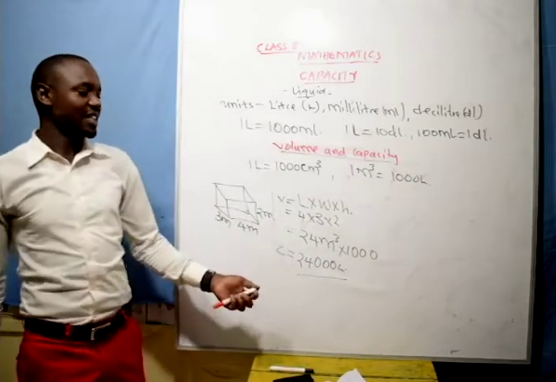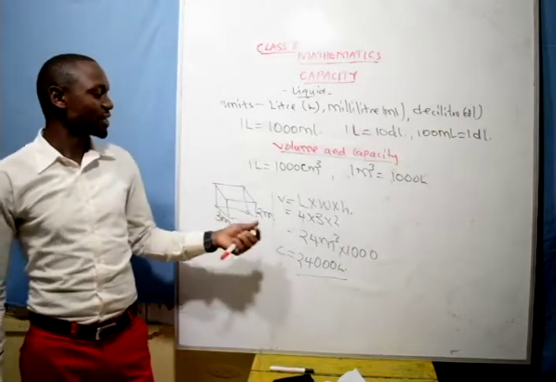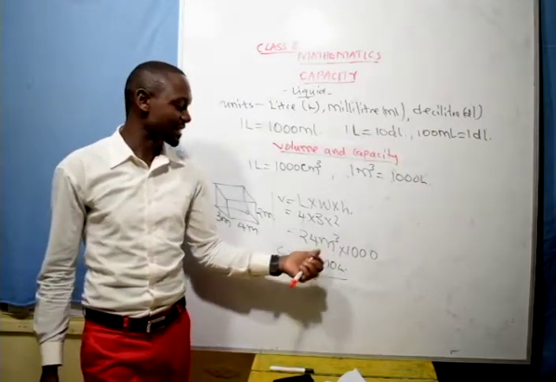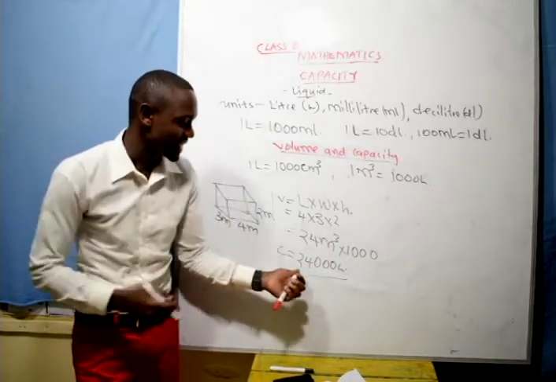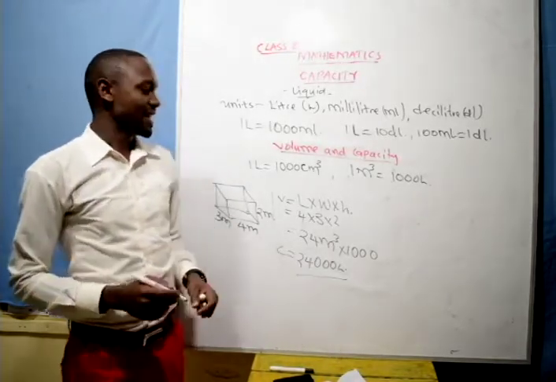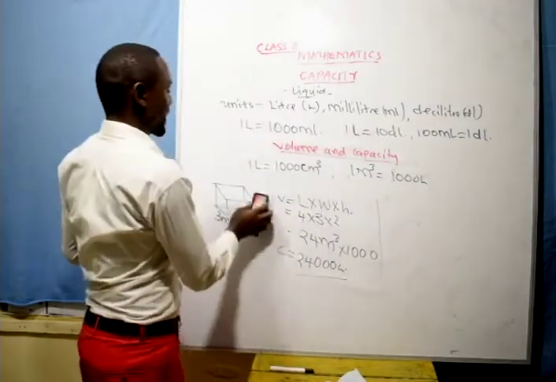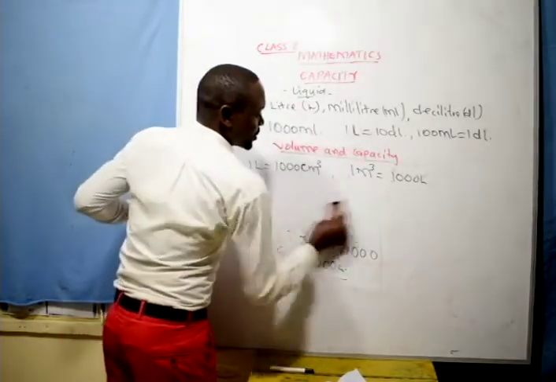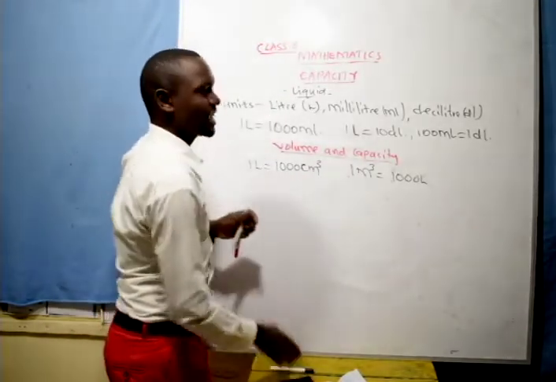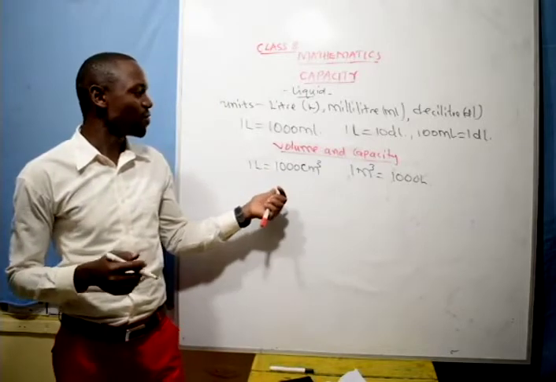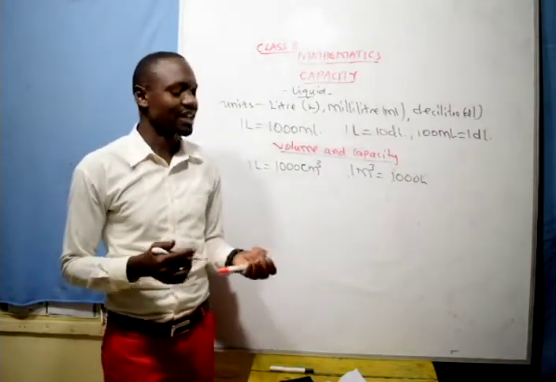The volume is 24 cubic meters, but the capacity, the amount of water it will hold when full, is 24,000 liters. When you are told to get the capacity of any solid, you first get the volume, then convert to liters or deciliters.